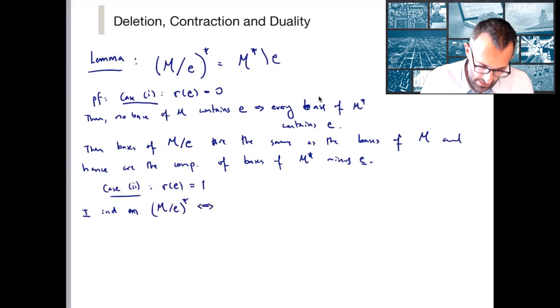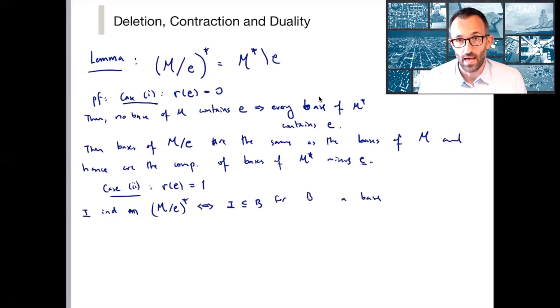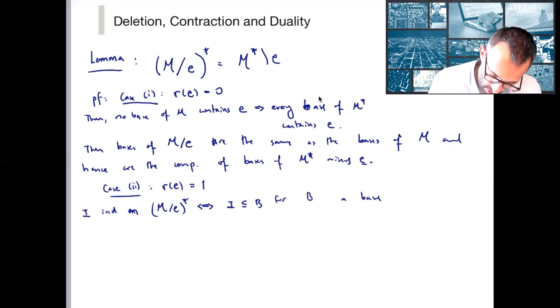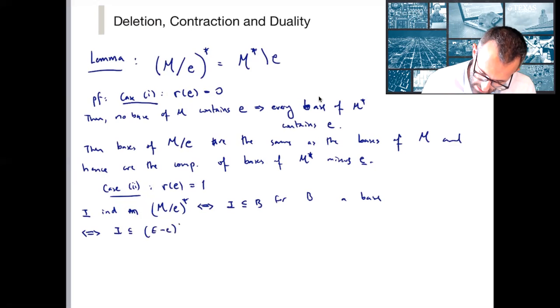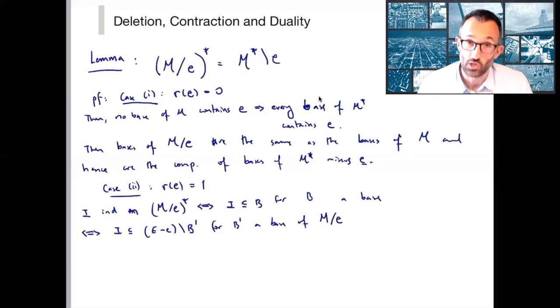Well, this is exactly the same as saying that I is a subset of B for B some base. That has to be the case, which is the same as writing that I is a subset of E minus B prime, where B prime or B dash is a base of M contracted by E.